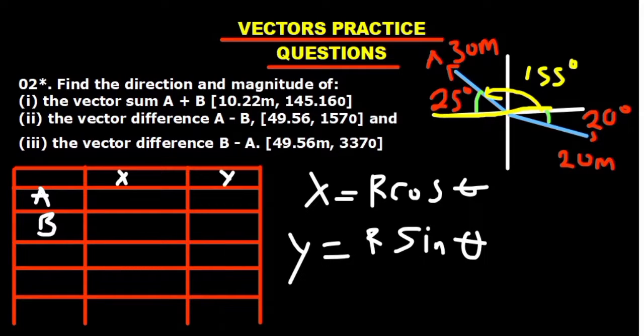So for x component, it's going to be 30 cos 155. So we have negative 27.2. For y, it's going to be 30 sine 155, which is 12.7.